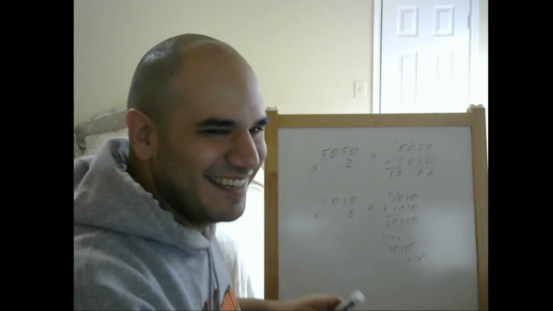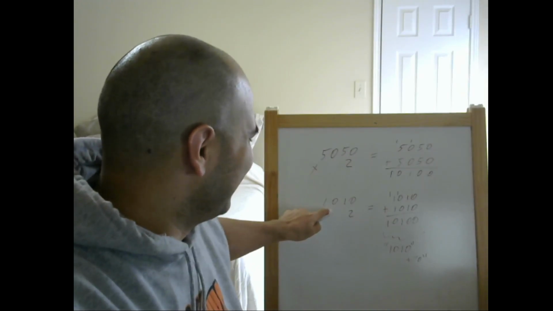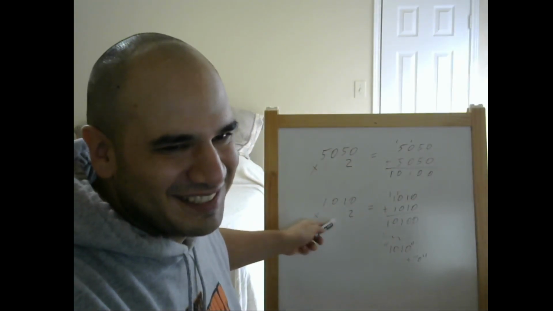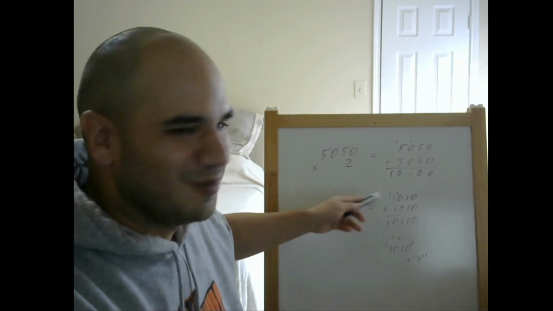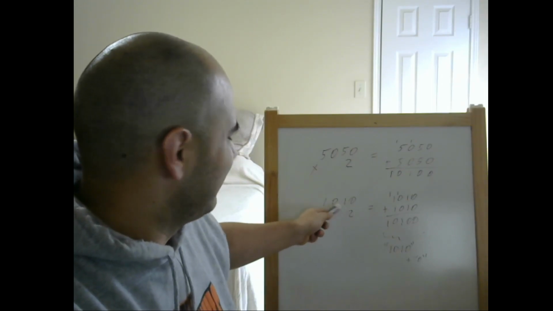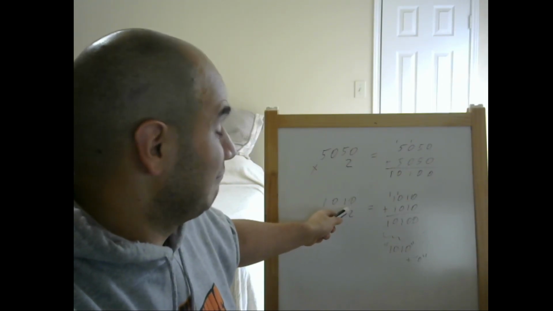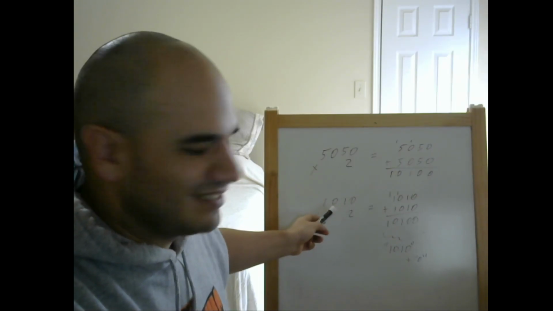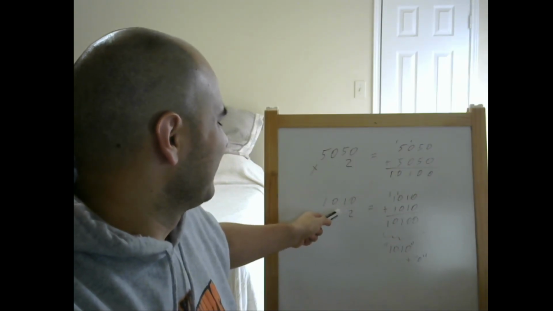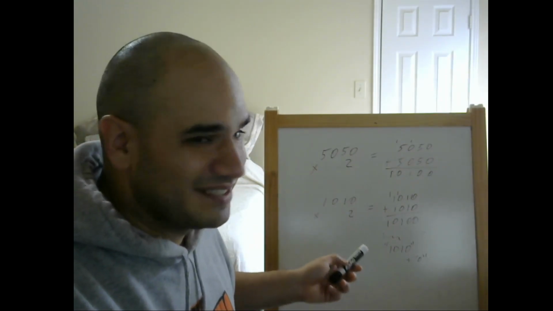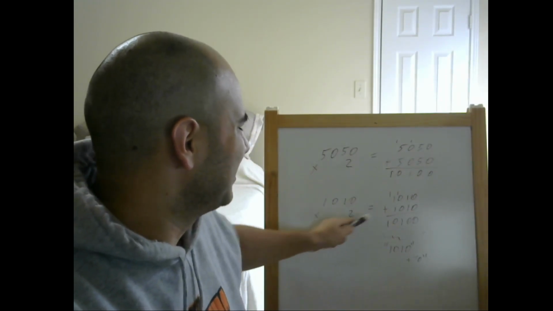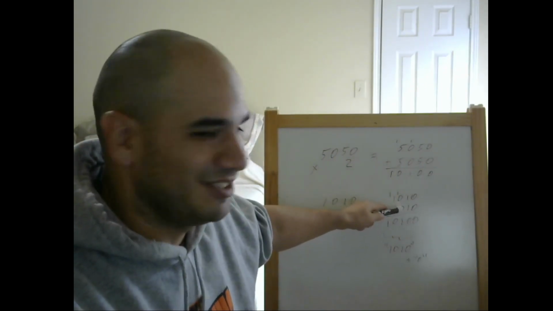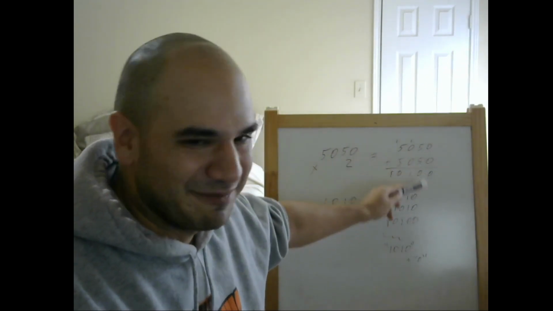Okay, so now let's do it over here. This is a binary representation, 1 0 1 0. So this is 8 plus 2, and this is the number 10. So we're adding 10 to itself, or multiplying by 2, which is the same as adding it to itself. Same rules, right?